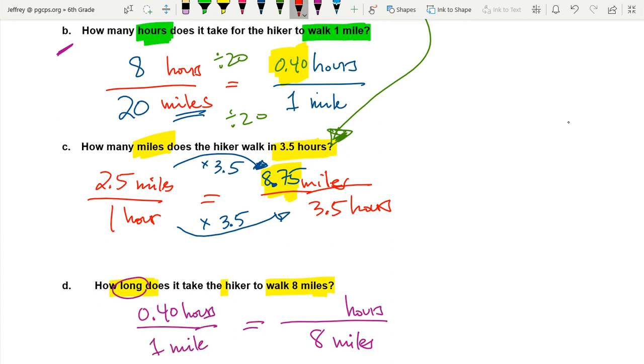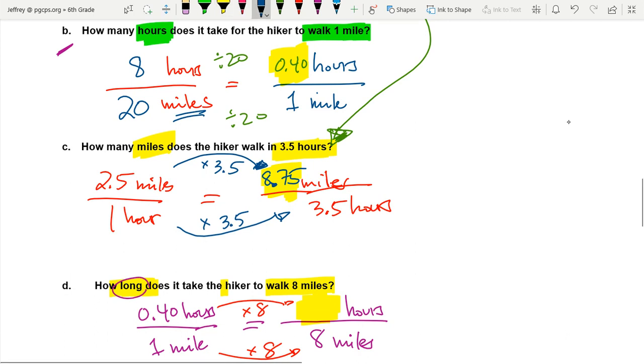Why? Exactly, you're right, because it's easier to transition from 1 to 8. How did 1 mile become 8 miles? We multiply by 8. So the same goes for the numerator. So 40 hundredths, or 0.40, times 8, that will give you how many hours? Let me highlight this for you.